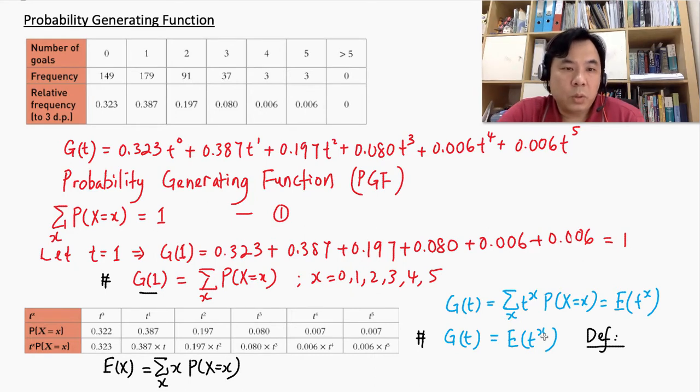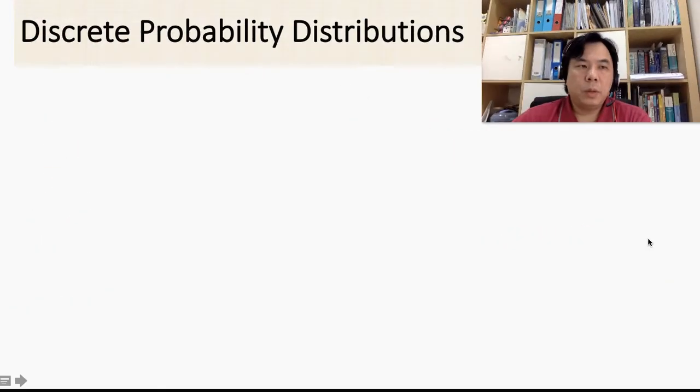Next, I'm going to show you a few standard types of probability distributions where we can build the individual probability generating functions for each one of these standard distributions, namely uniform distribution, binomial distribution, geometric distribution, and lastly, we're going to look at the Poisson distribution. All right, stay tuned.